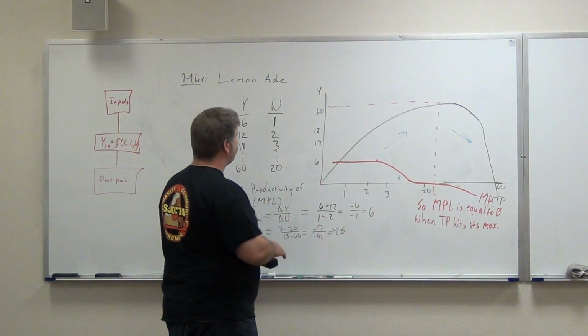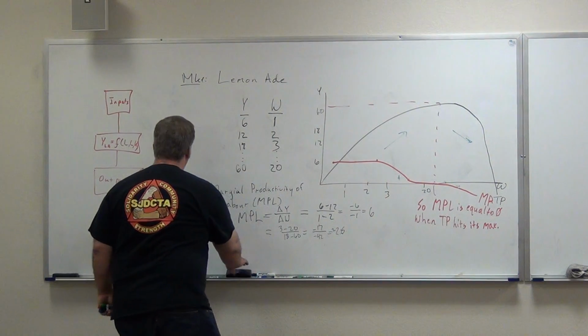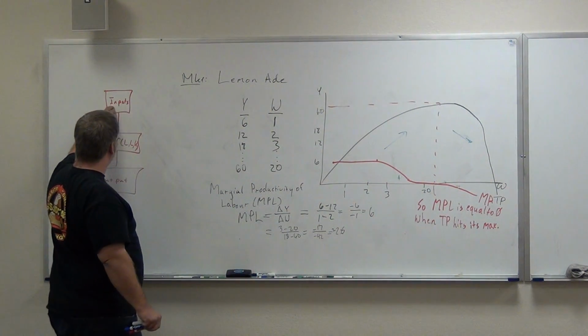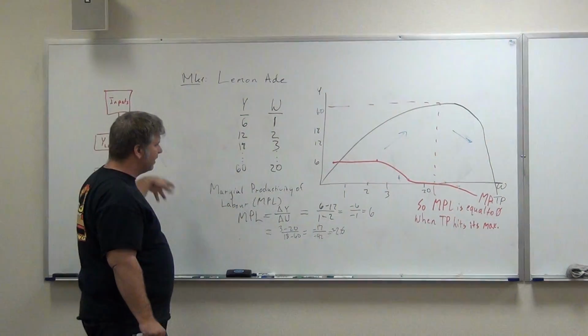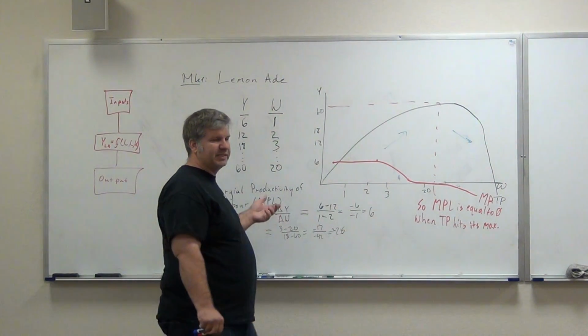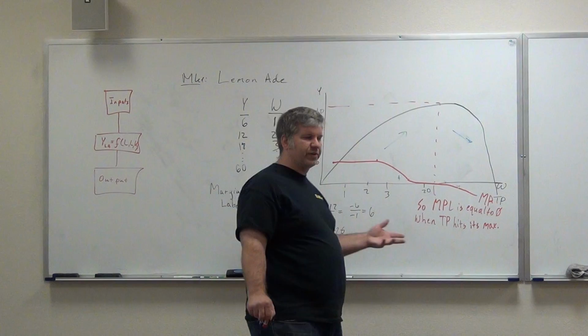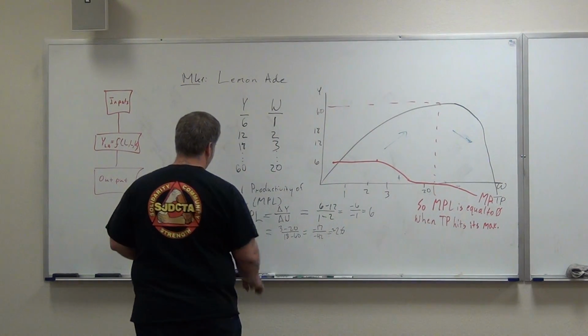Not too difficult. So now, we have our inputs, we put them through the production function, we end up with some output, and at this point the goal is to maximize output, but that's not the goal of a company. The goal of a company is to maximize profit.